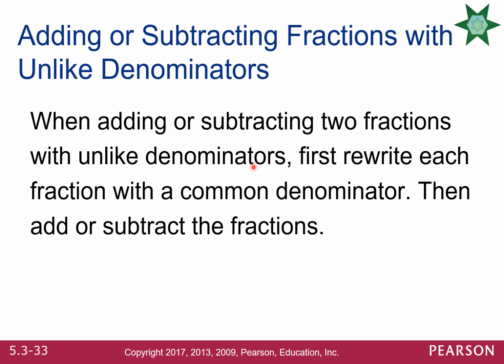So what they're saying is when we have two fractions with unlike denominators, we first have to make the two denominators common, which we can do by creating equivalent fractions that we talked about in the previous slide. And then, once we have the common denominators, we can add or subtract the numerators, right? So we'll go through an example of that perhaps in the next slide.